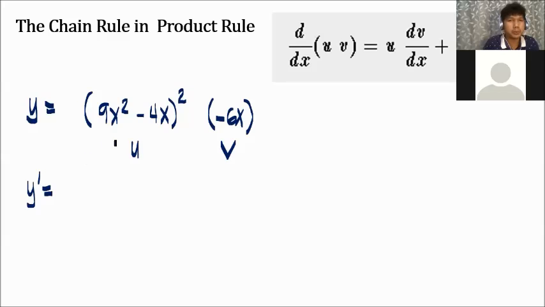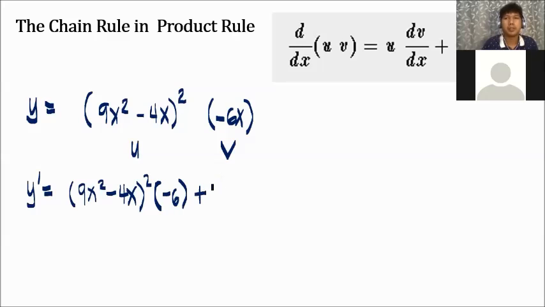So u, copy u, so that would be 9x squared minus 4x squared, then derivative of v. So our v is negative 6x, so the derivative of that is just negative 6. Then plus, copy v, our v is negative 6x, then derivative of u.